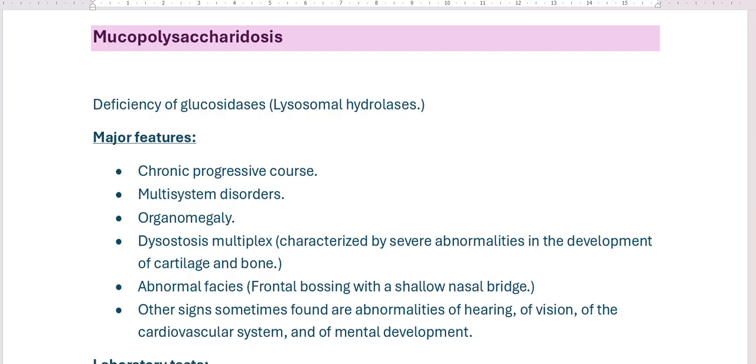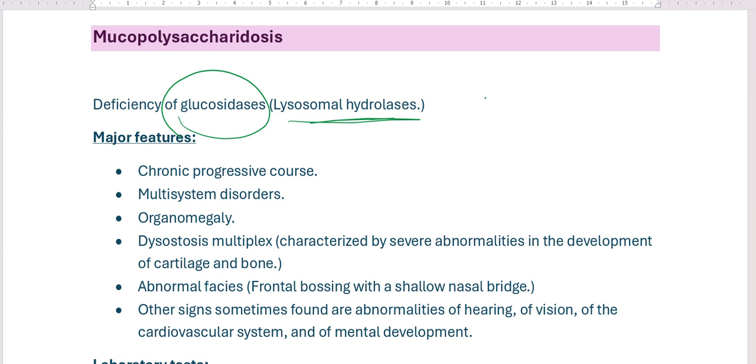Diseases involved with proteoglycans are called mucopolysaccharidoses. This is deficiency of the glycosidases, which are the lysosomal hydrolases or the lysosomal enzymes responsible for attacking the proteoglycans.